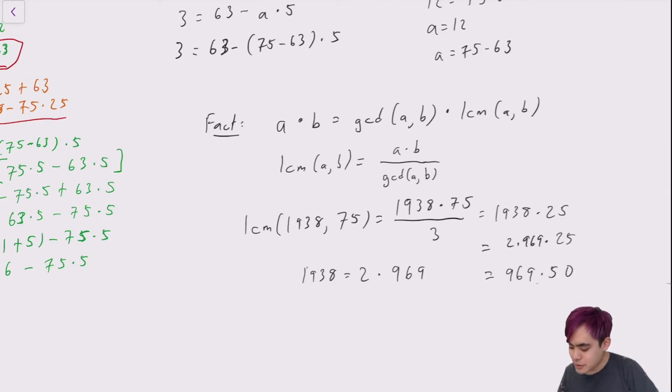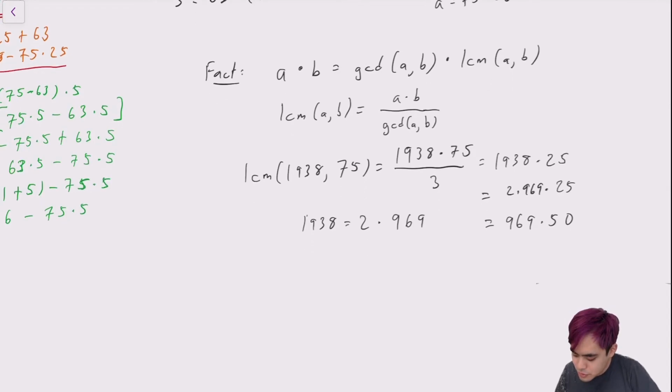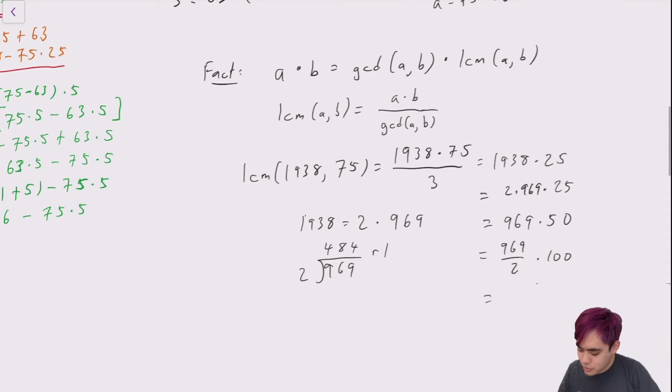And multiplying by 50 is easy because then you just divide by 2, so 969 divided by 2 times 100. So that's 4, 8, 4, remainder 1. So this is equal to 484.5 times 100, which is equal to 48,450.